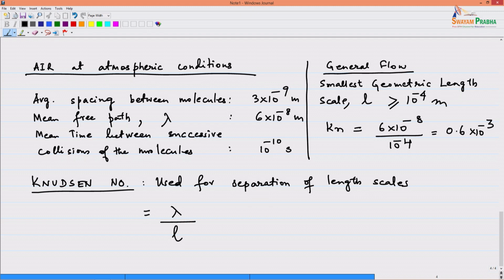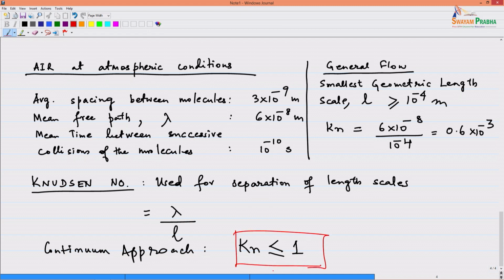So, now in the continuum approach, okay, I can write it here. Do you agree, or does it make sense? Think about it, in the continuum approach, Knudsen number is less than or equal to 1, right.